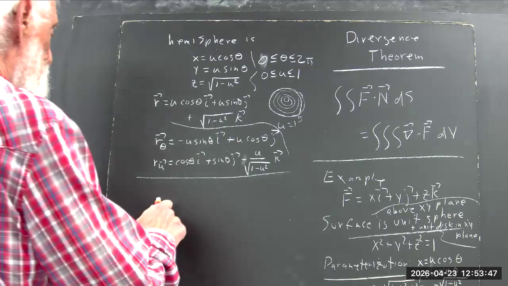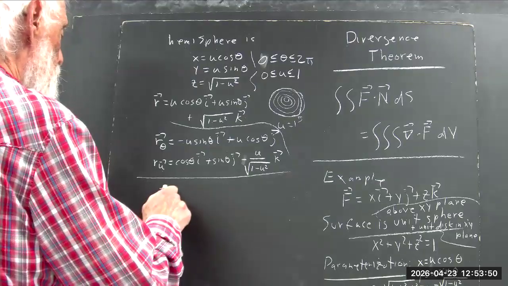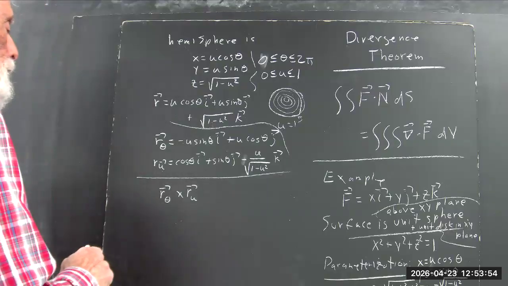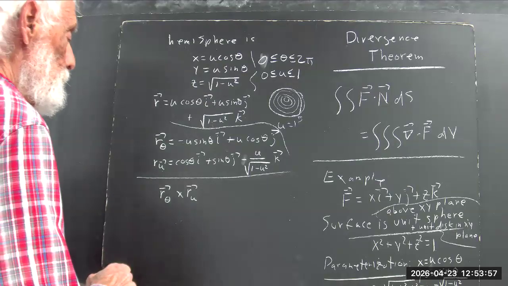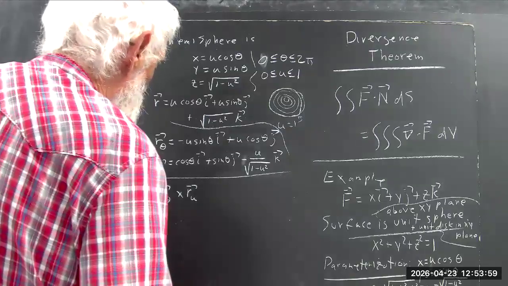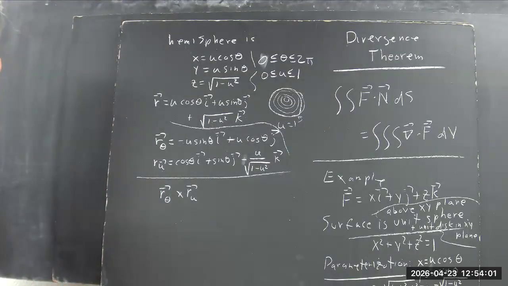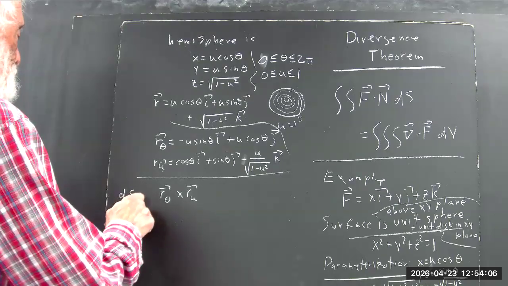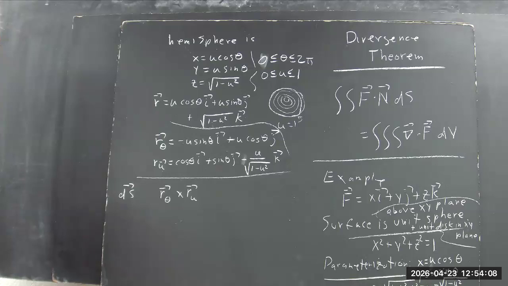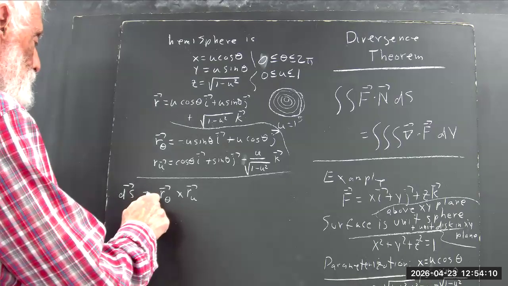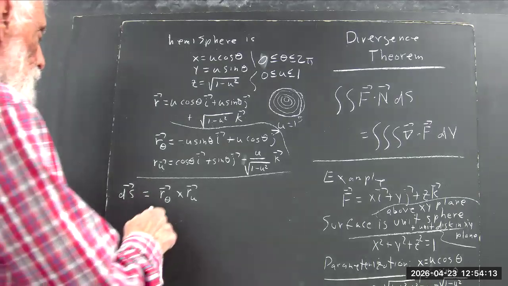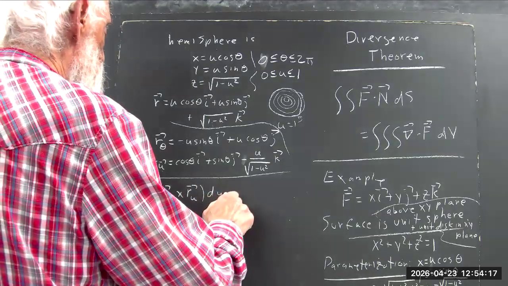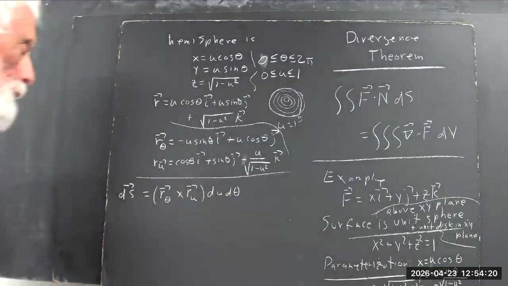So r theta cross r u is your dS increment. Well, the vector dS equals r theta cross r u times du d theta.